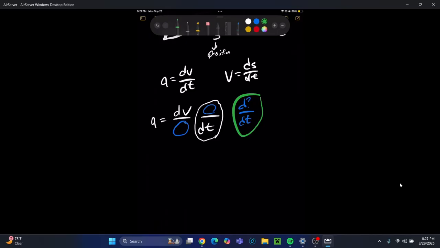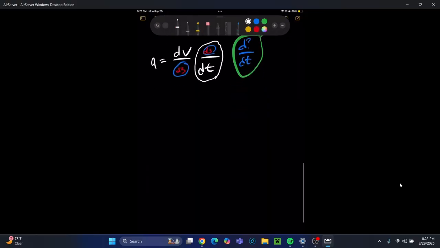If you have a keen eye and you looked about an inch higher, you can see that we have something that's d variable dt. We have s, so let's try plugging in an s there. So I'll rewrite this so it's less evil: a equals dv ds times ds dt.